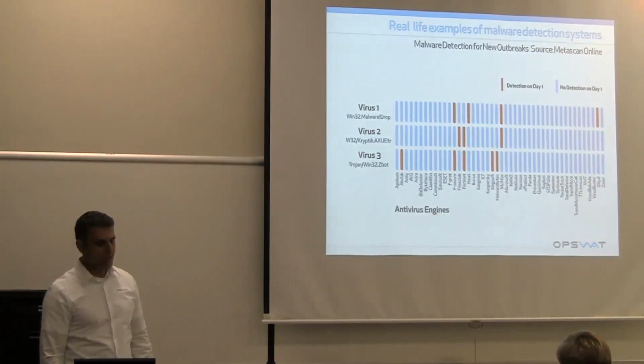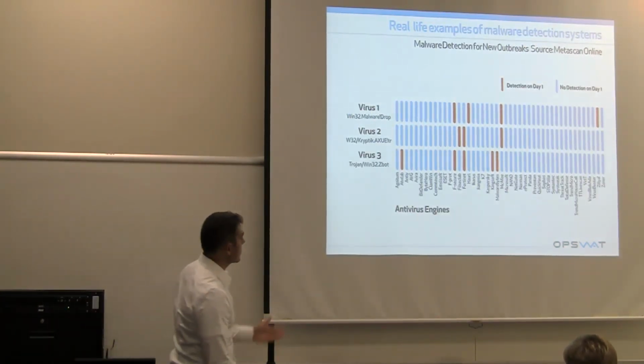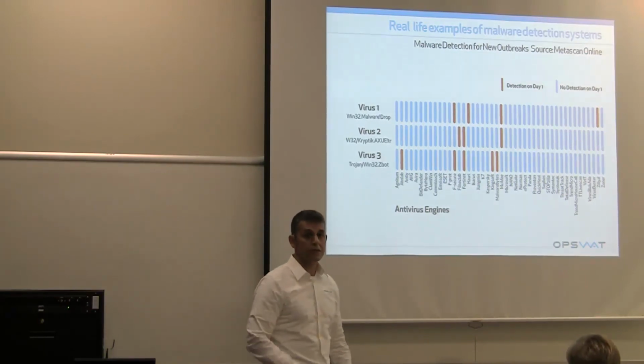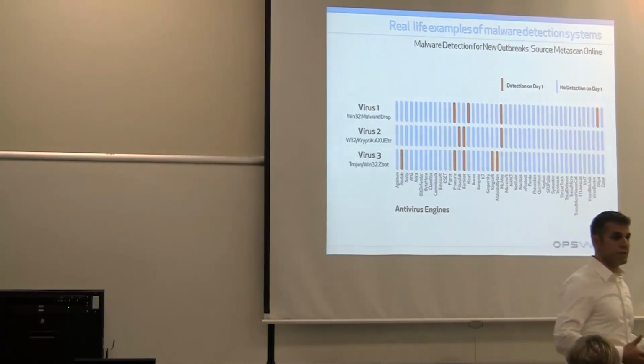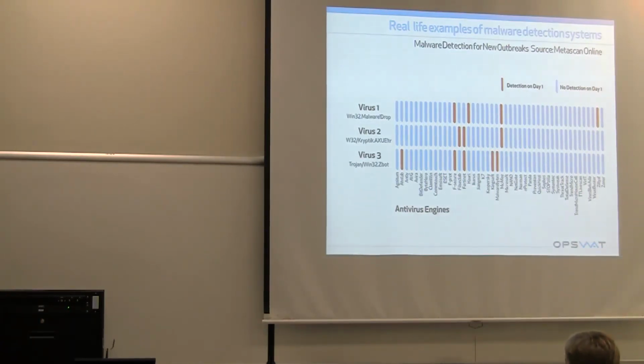What you see here, we actually analyzed 3 viruses submitted to Metascan Online. In Metascan Online, we have 4 different antivirus engines running on the same system, and thousands of users going to this website, taking a file, uploading it to Metascan Online, and then sometimes we see outbreaks. Actually, we see outbreaks every day, dozens, maybe hundreds of outbreaks happening every day.